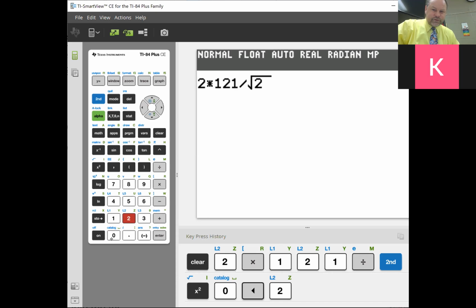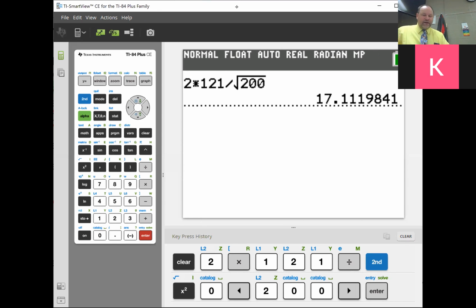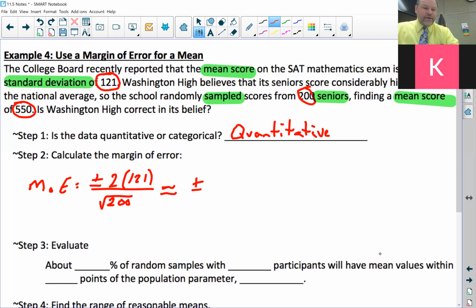There we go. And that gives me about a 17 if I round to the nearest whole number. So that would mean plus or minus 17.